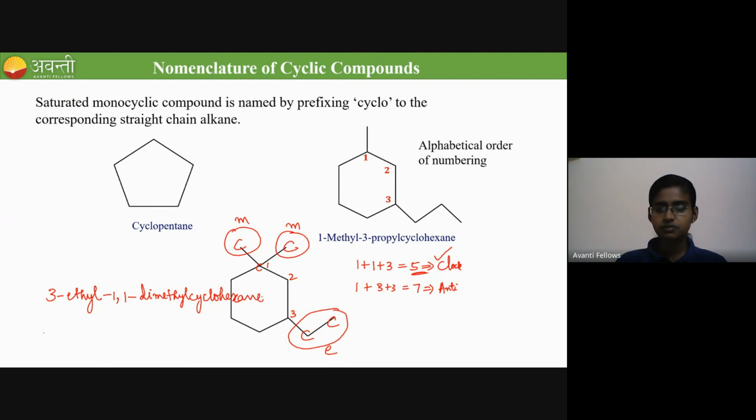Got it? Clear for all? Any doubt? 3-ethyl 1,1-dimethyl cyclohexane. Clear for all, my dear?